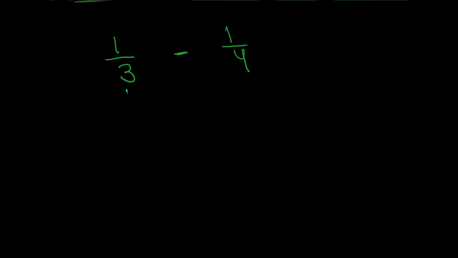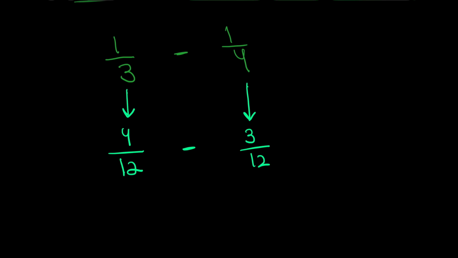Well, we already know that 1 over 3 is the same thing as 4 over 12, as I showed you in the box example. And 1 over 4 is the same thing as 3 over 12, also from the box example. So basically, 1 over 3 minus 1 over 4 is saying the same thing that 4 over 12 minus 3 over 12 is saying.